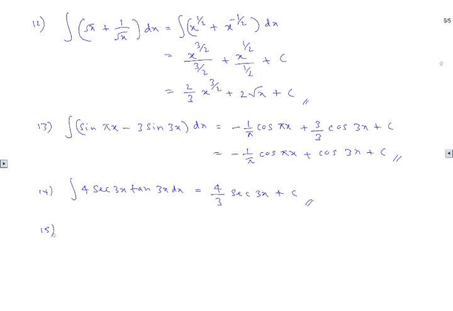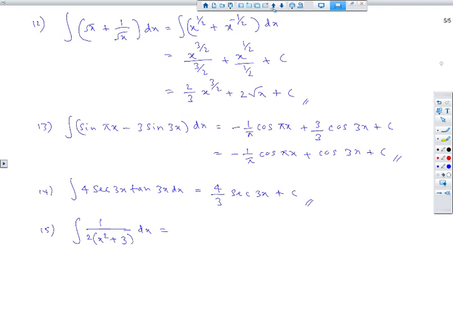15. How about this one? 1 over 2x squared plus 3 dx. Will that match with any of those formulas there? Again, let's go backward.